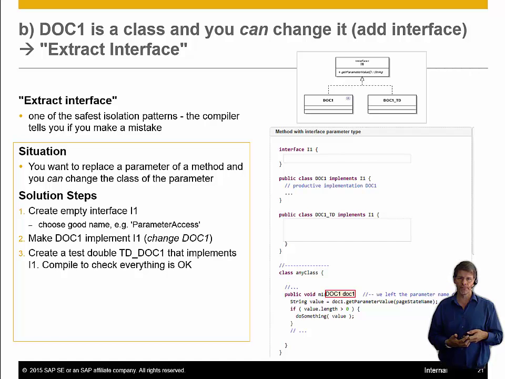You change doc1, and this is the second piece of code there. Public class doc1 implements I1. So implements I1 is that one little change that we needed to make to the class to make it usable there and injectable as a parameter. And then you create a test double doc1, td to doc1, that implements I1 as well. So this is the next thing underneath. You see the class.